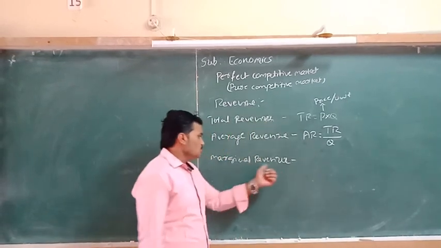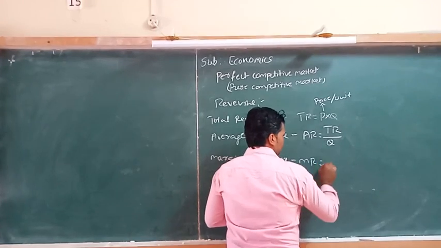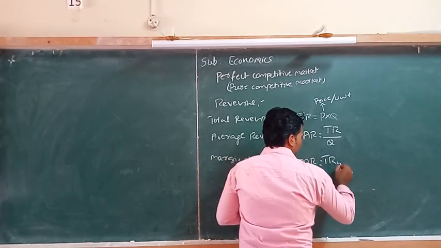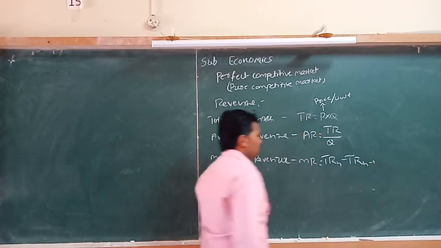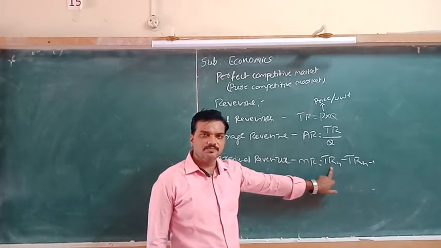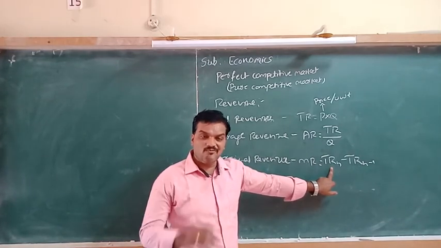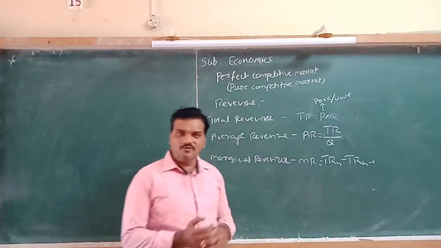So how do you calculate this? The marginal revenue can be calculated as TRn minus TRn minus 1. TRn means total revenue of the present unit, TRn minus 1, total revenue of the previous unit.